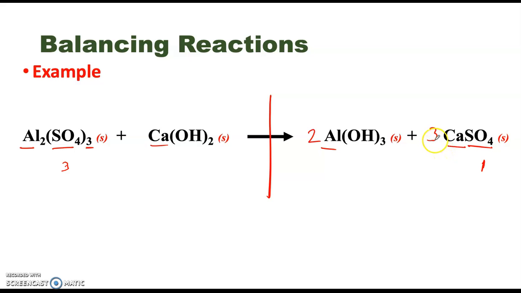But that becomes a problem because now I have 3 calcium, and I only have 1 last time, so I better go put a 3 here. So all I'm doing is I'm finding things that are broken and I'm fixing them. And let's just double check. 3 times 2 OHs gets me 6. 2 times 3 of them is 6 OHs.